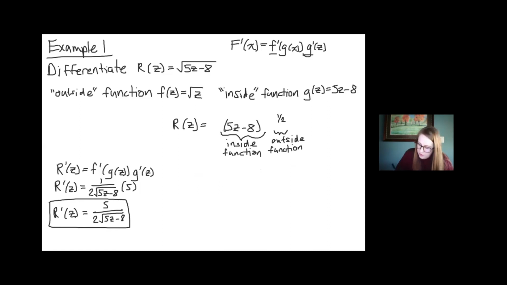So when we take the derivative of this function, we get 1/2 times 5z minus 8 to the negative 1/2 power, times 5. The first thing we do is take the derivative of the outside function. That's the 1/2 and then the negative 1/2.